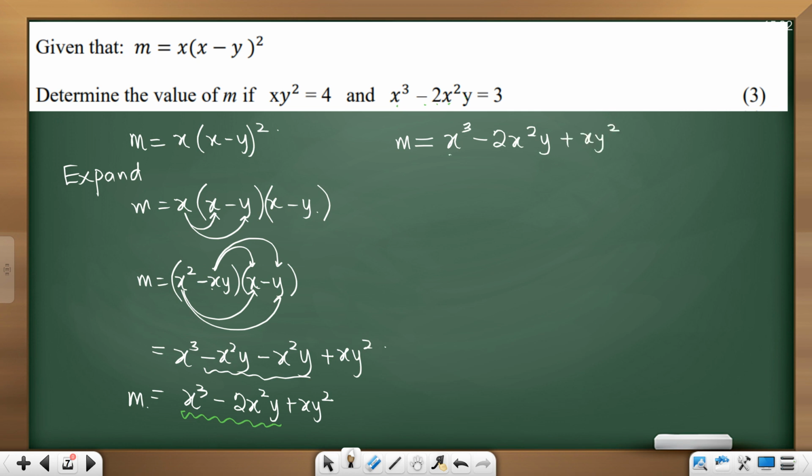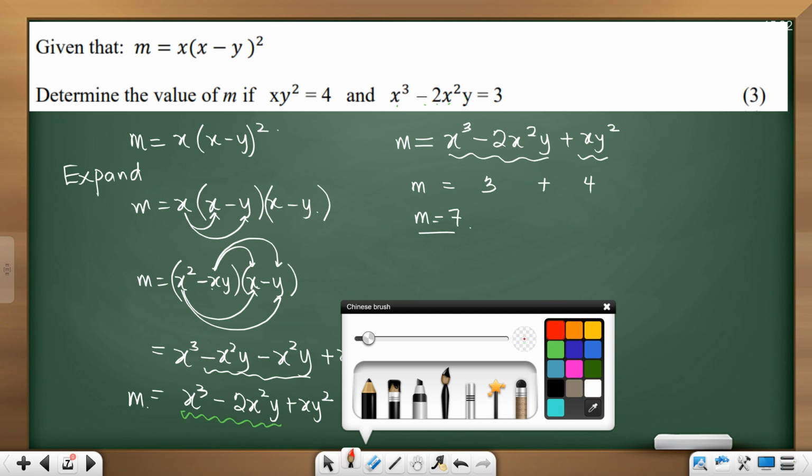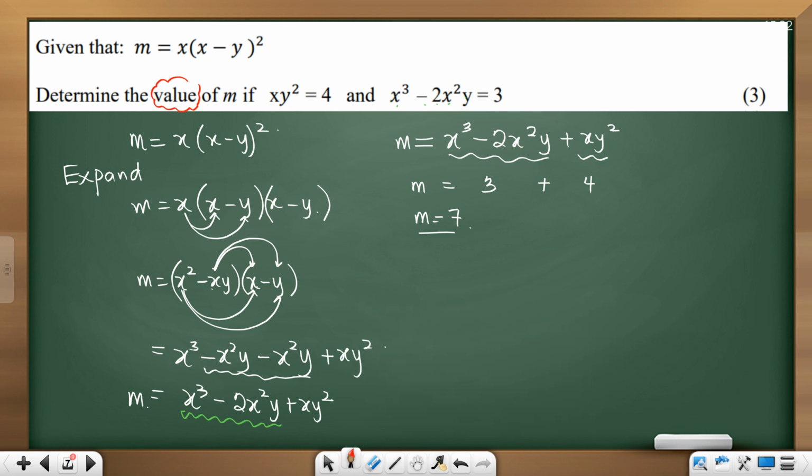So now I am given this as 3 and I'm given this as 4. Oh, lovely. So m. That's why the examiner said the value, which means it's a number. That was quite lovely, hey? That was quite something else and sweet. I saw that there was nothing in the original expansion, so I had to expand and see where it will lead me, because I need to find y to the power 2.